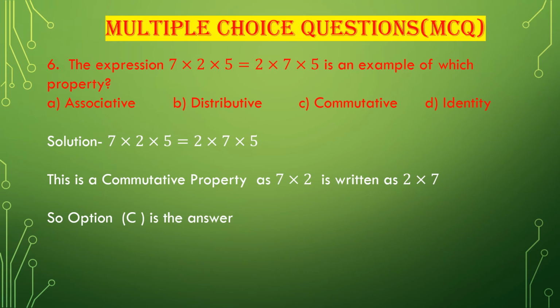Here we reverse 7 multiplied by 2 to 2 multiplied by 7, and this is the commutative property. 7 multiplied by 2 equal to 2 multiplied by 7. This is the commutative property of multiplication of whole numbers.